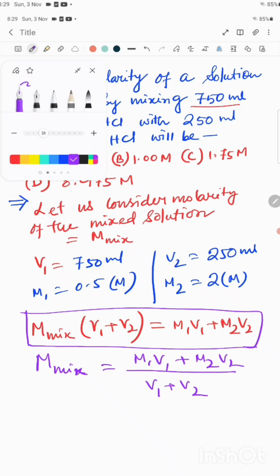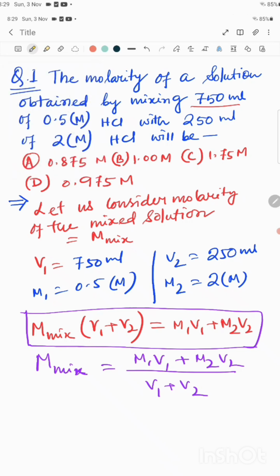Ultimately, you have to remember this formula: M mix equals M1V1 plus M2V2 by V1 plus V2.